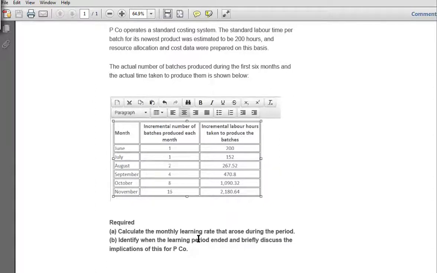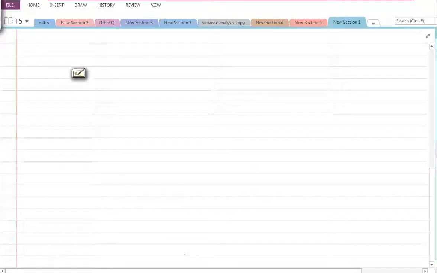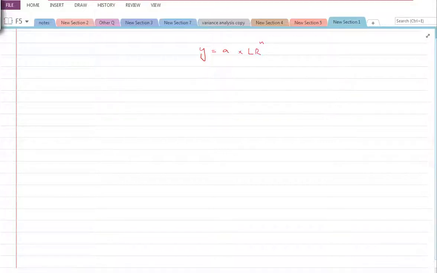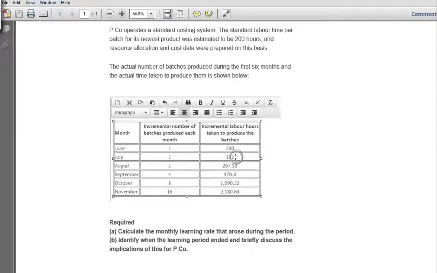I think the easiest among all of them was the formula that I gave you: average time is equal to the time taken by the first batch or first unit multiplied by the learning rate raised to the power of the number of times it is doubling up. So basically that's the easiest way to find the learning rate. But anyway, let's see what they have done.